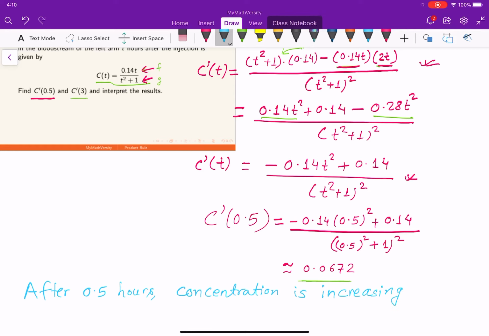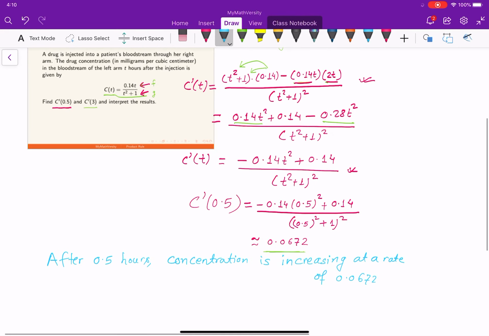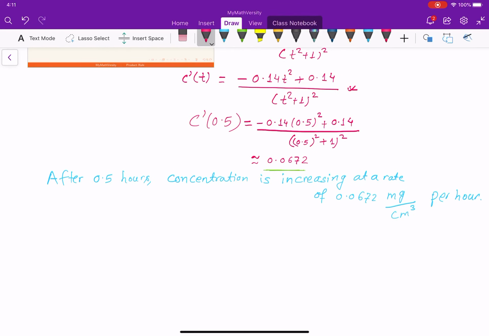And then at what rate? Increasing at a rate of 0.0672. And if you want to write down the units here, because the drug concentration is milligrams per cubic centimeter, and this is happening per hour, right? So this is the rate of change of the concentration at 0.5.